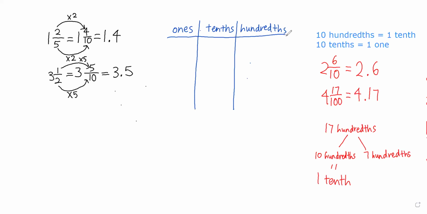For the first question, there is 1 and 4/10. And between my ones and tenths, it will be my decimal point. So that's how I get 1.4. For the second one, I have 3 wholes, which is the same as 3 ones. And then I have 5/10. Remember my decimal point? So that's how I get 3.5.